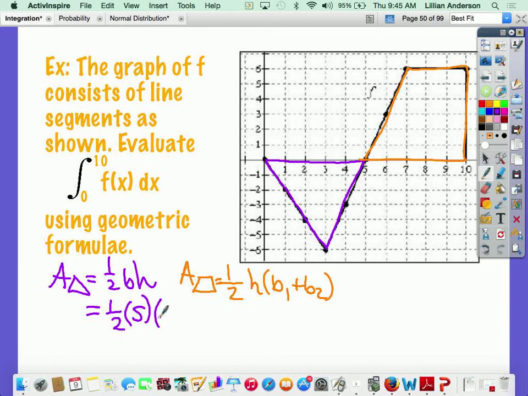What's my height? -6. When I take half of 5 times -6, what does that give me? -15. Now, if for some reason you just put 6, you would get positive 15. But because the triangle is below the x-axis, the area should be negative. And since you use -6, it kind of already took care of that. So we got negative area.